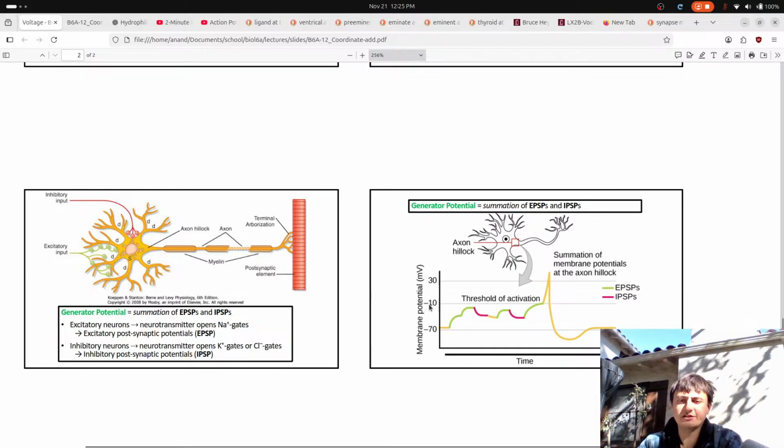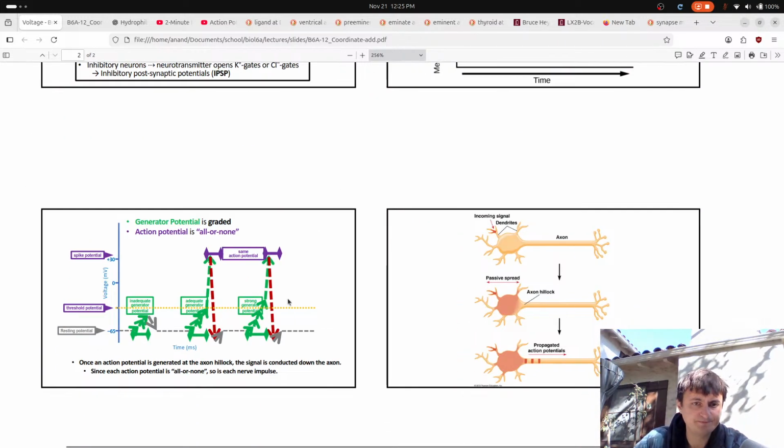I think the scale of this is wrong, because if it hits minus 55 no matter what, I think it opens.